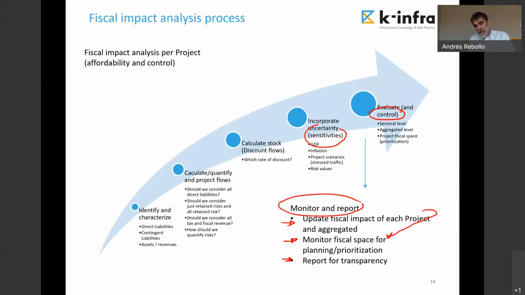Now the fiscal space that I have is sufficient to accommodate a new project which is only 1 line rather than 3 lines. So I am restructuring technically the project. Or maybe I can restructure financially the project under another different financial structure, or I can revisit the risk allocation and make the project affordable.